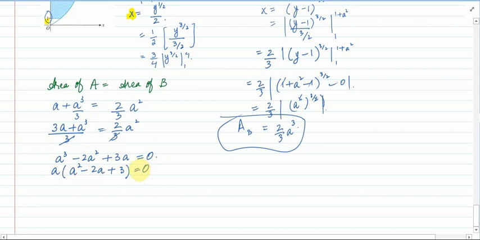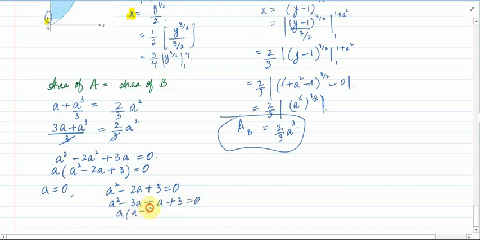Alright, and now it's a equals 0, and the next equation is a square minus 2a plus 3 equals 0. Now that is the quadratic equation.